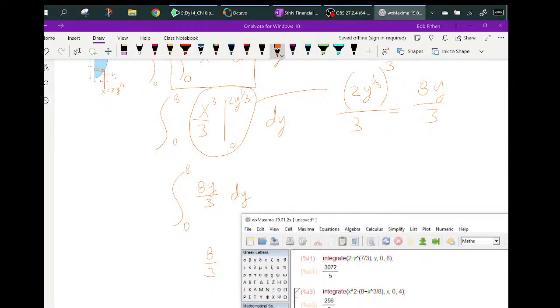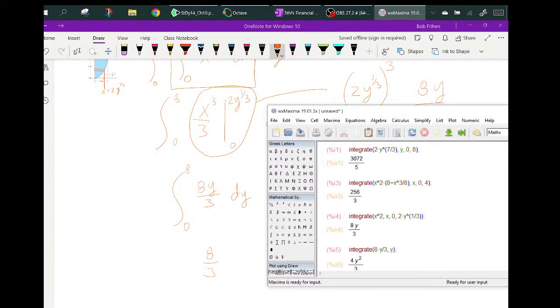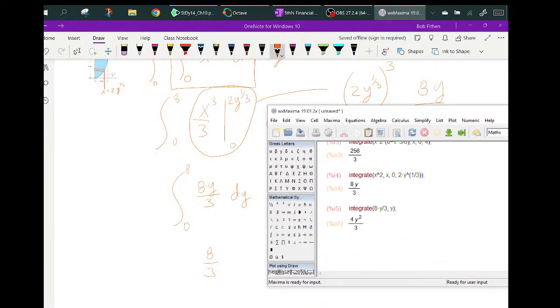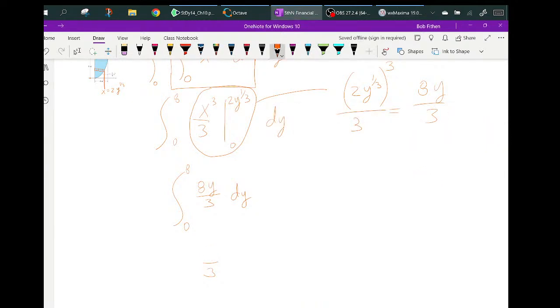I hit that, and my output is 4y squared over 3, evaluated from 0 to 8. So I get 4 times 8 squared over 3. Let's see.